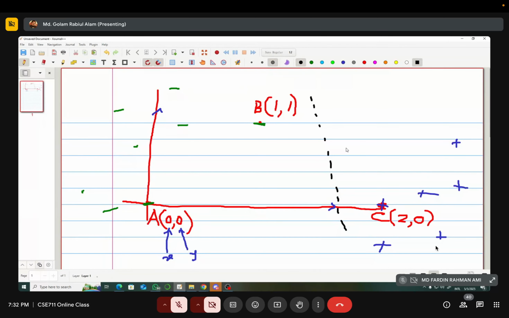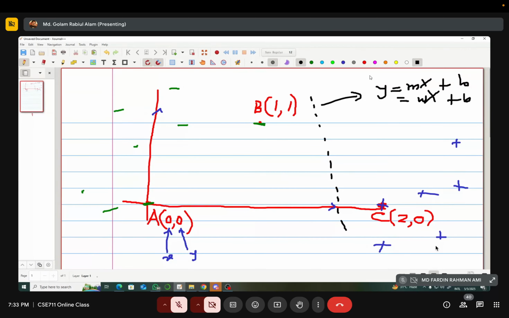Now, how to find the optimal value of m and c, because this is a line. In our line equation, y equals mx plus c, or you can say it is actually w x plus b.